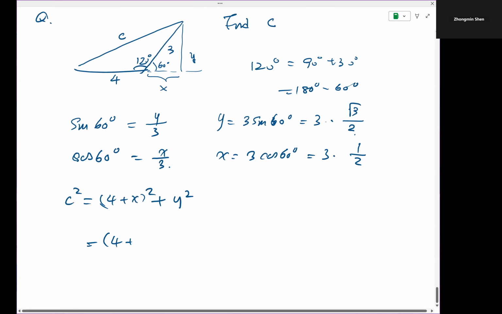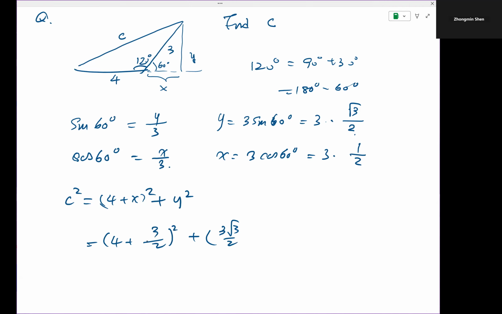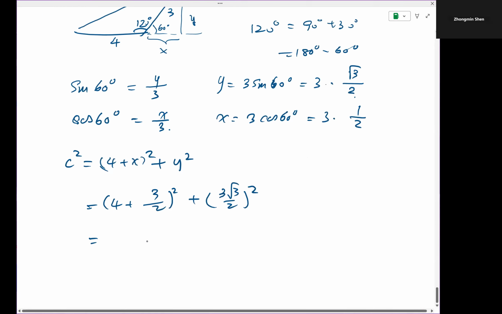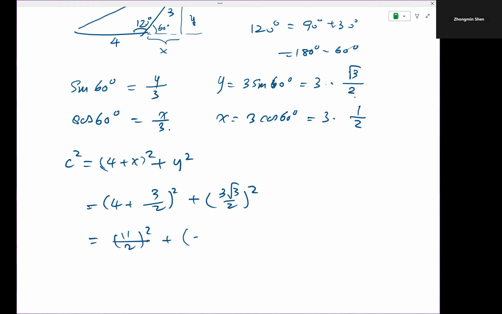So here, 4 plus 3 over 2, squared, and Y is 3 root 3 over 2, squared. Let's do it. And that will be, I think, 11 over 2, squared.